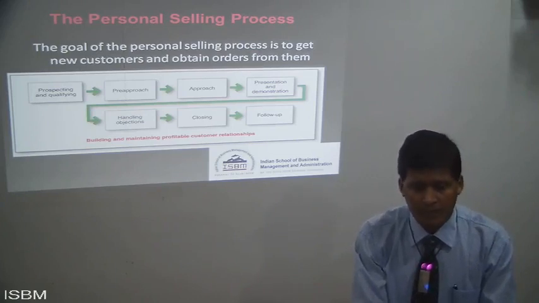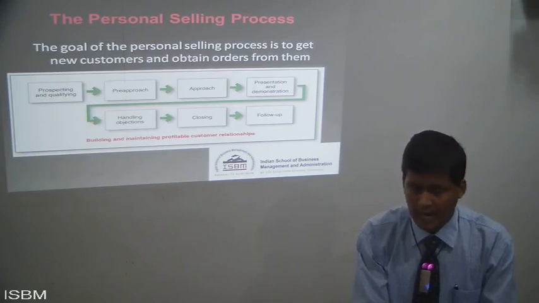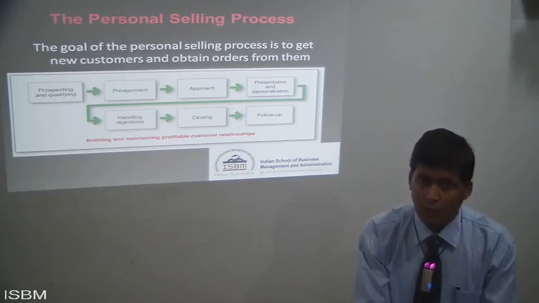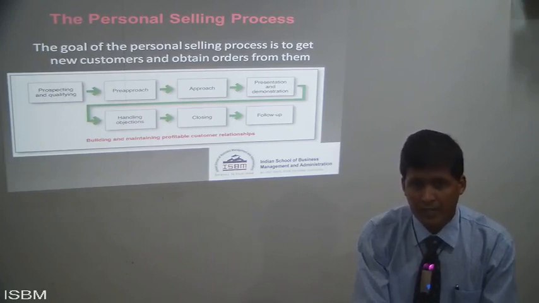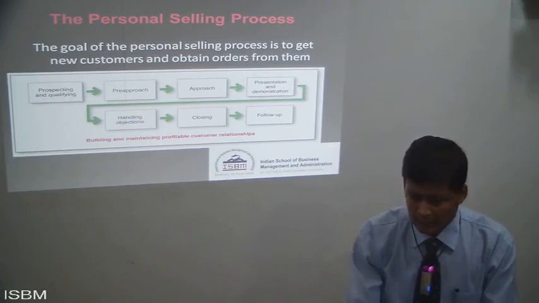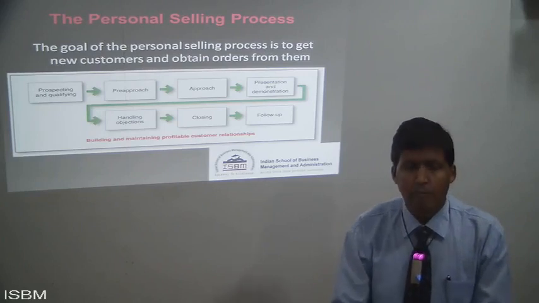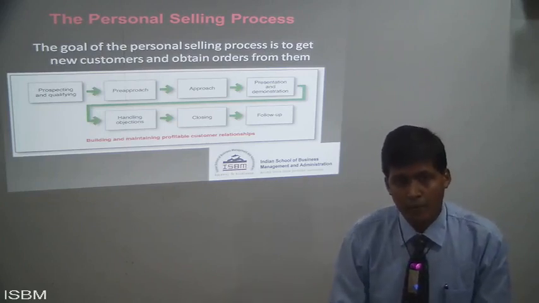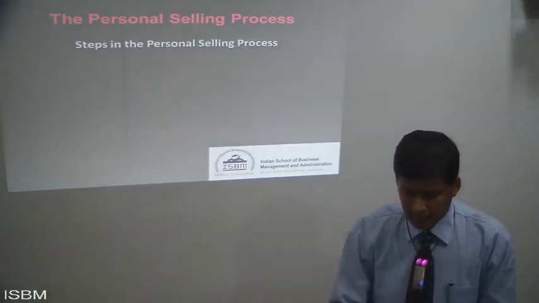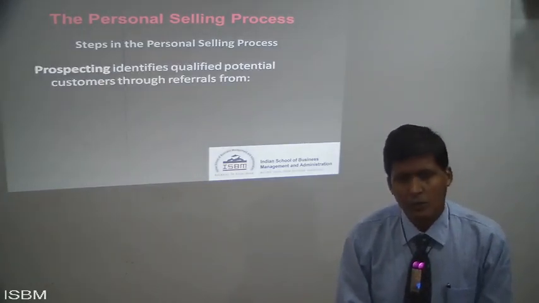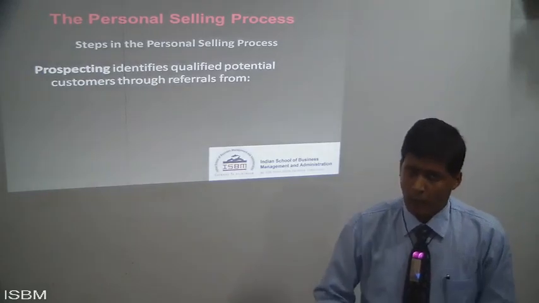Then we do a presentation and demonstration. Then we handle objections. We close the call with a demand, and we follow up with the same customer with new tools, with new incentives, new communication strategies, thereby building and maintaining profitable customer relationships. We'll look into each of these one by one.